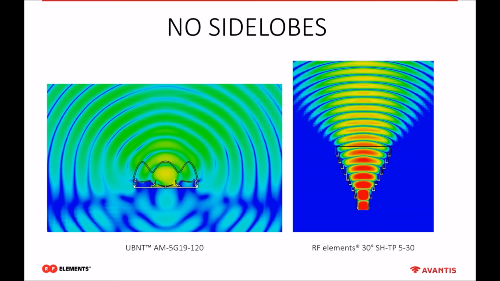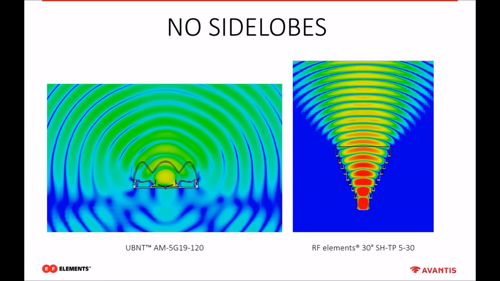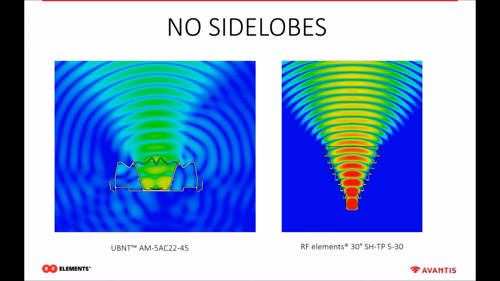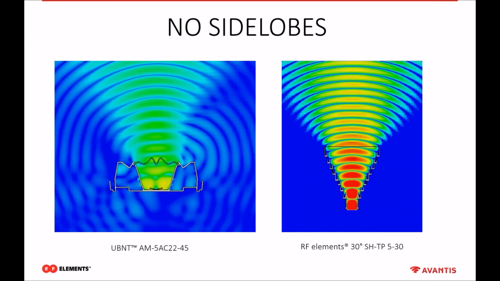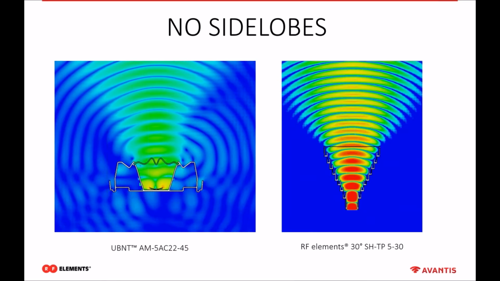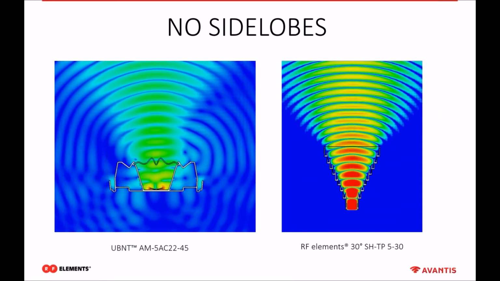And side lobes and unwanted radiation are not just something that you can see in a cheaper antenna, but it's also a problem of more expensive antennas. For example, this is another antenna from Ubiquiti Networks, an AC sector, 45-degree radiation angle.